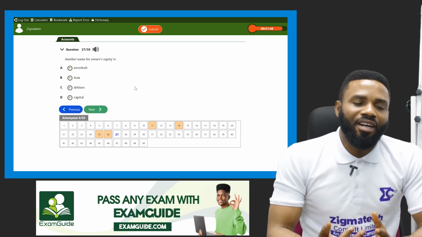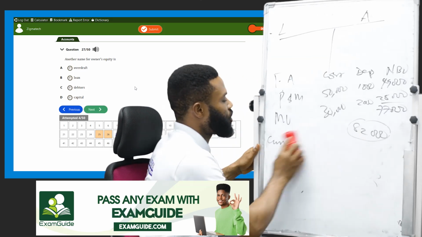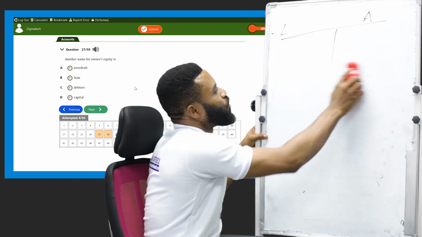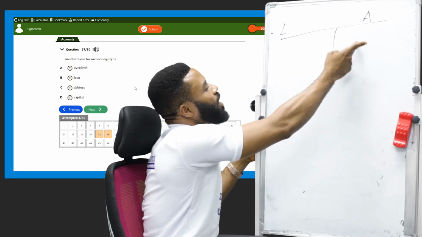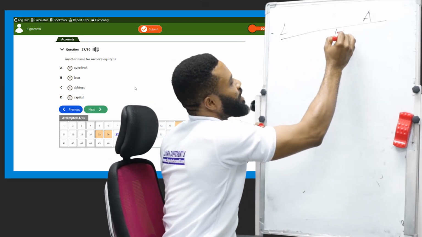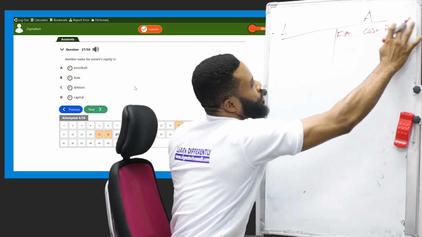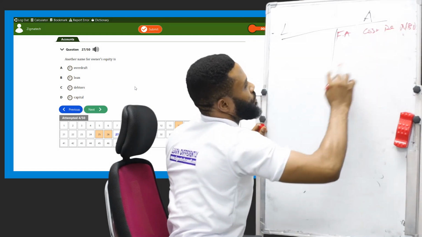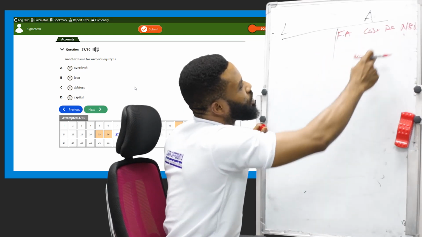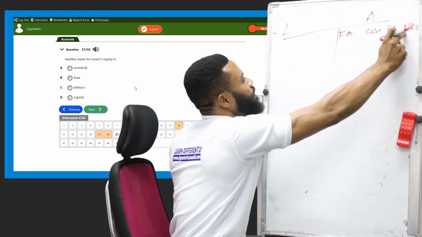Now, we have described that when you talk about balance sheet, you are looking at a statement. It is not an account per se. You can either get it in a T format like this, where you have your fixed asset, and then you have cost, depreciation, and then your net book value, where you list all your assets here, you write the amount, then you deduct your depreciation, and then you get your net book value.